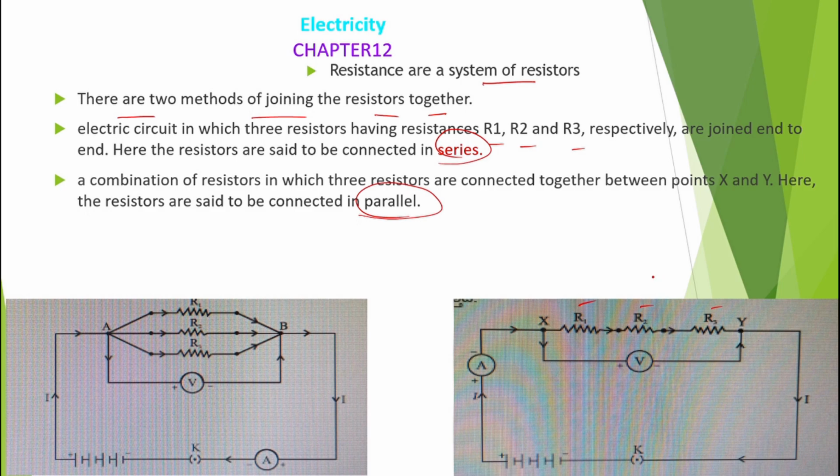This is said to be a series connection. Now take the same three resistors and connect one above the other, that means parallel to each other. Both ends are connected to one single point, and the other side also to one single point. This connection is said to be parallel.